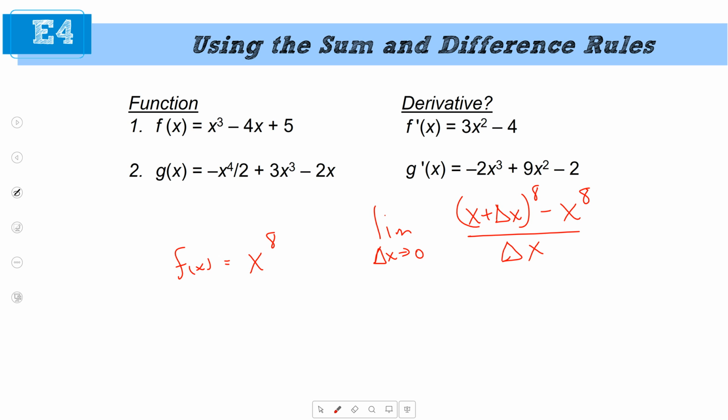And you would have to expand x plus delta x to the 8th power somehow. Pascal's triangle maybe? Or just cry. However, with what we just learned, we know that f prime of x is 8x to the 7th. Quite a bit easier.